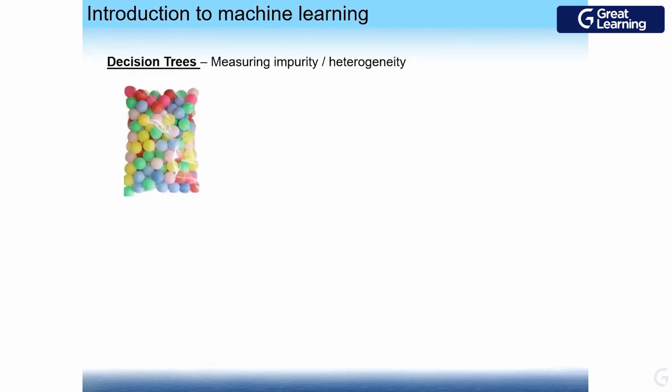Some of you might be wondering, that means it can be used only for binary classification. A decision tree can be used for character recognition in your English alphabet. How many characters are there in the English alphabet? 26. You can use a decision tree to classify those characters into 26 classes.